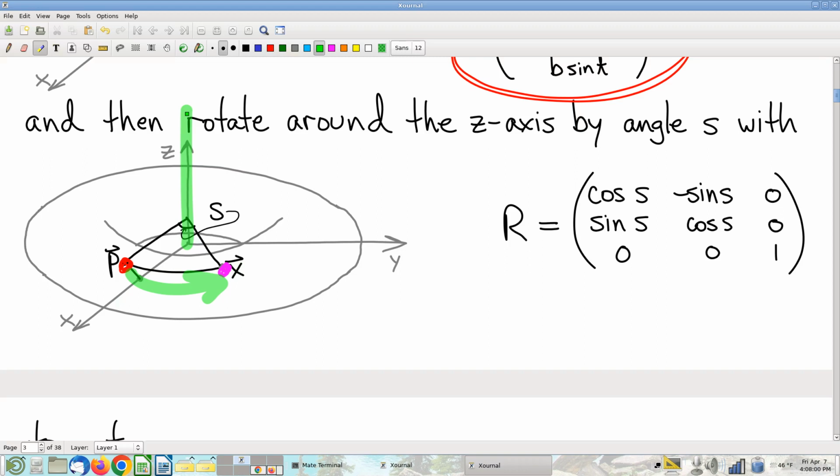All of this is proved, or motivated at least, in the notes in this course for section 1.6. And so to get these three columns here, all you have to do is just do this rotation to the three standard basis vectors. Little geometry problems ensue. And what you will find is that those three images of standard basis vectors are these three vectors here.